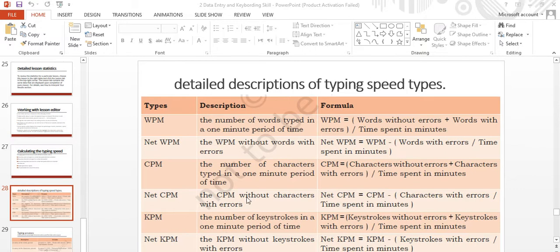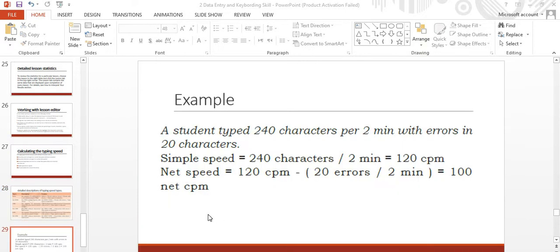I am giving you an example here. A student typed 240 characters in 2 minutes, with errors in 20 characters. So how will we find the simple speed? 240 characters divided by 2 minutes equals 120 CPM, characters per minute.